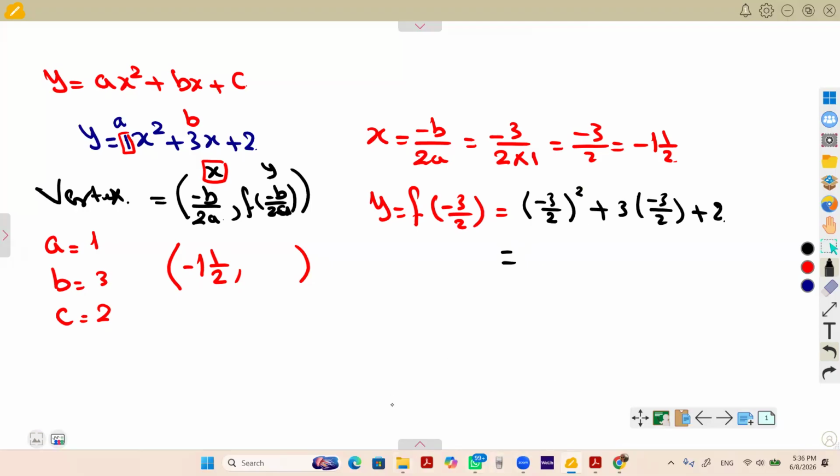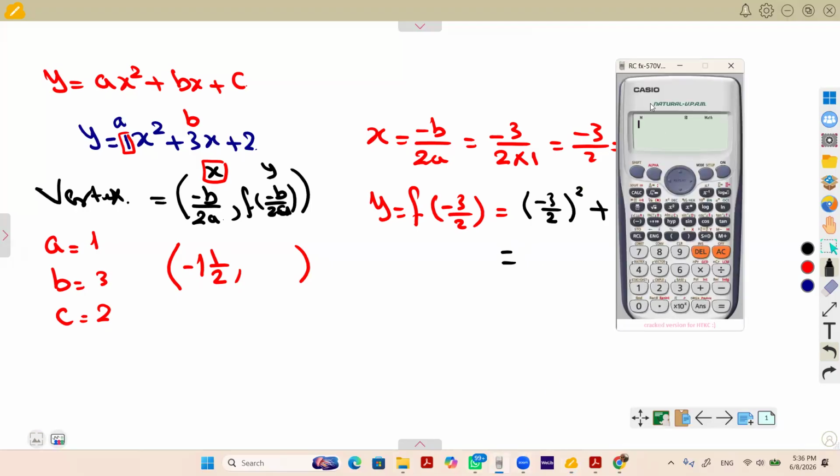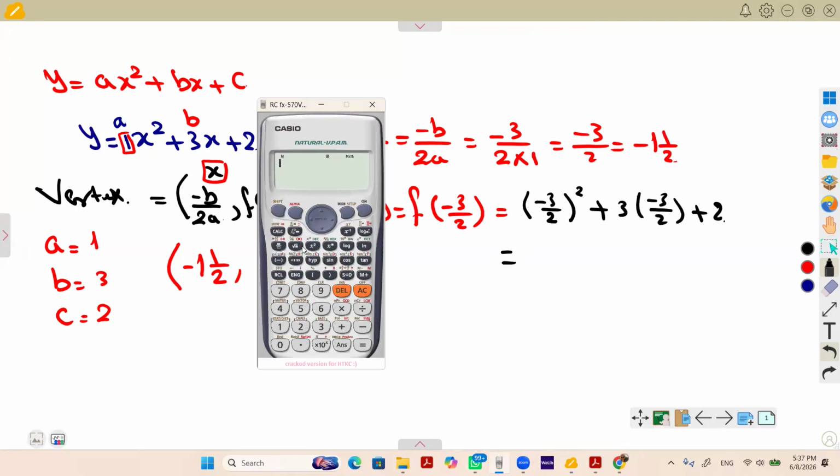Just a minute, I'll do it with you with my calculator. Open bracket, negative 3 over 2, close the bracket, power 2, plus 3, bracket, fraction negative 3 over 2, close the bracket, plus 2.